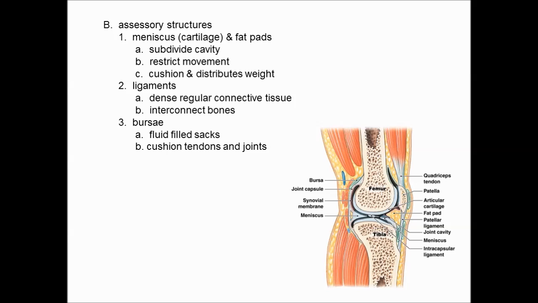It's amazing how these things have evolved. We have these little bursae that protect the ligaments from friction as the two structures move past each other. You've probably heard of the term bursitis, and that's when these bursae get infected and inflamed, and they swell and cause a lot of pain. That is an infection involving the bursae.